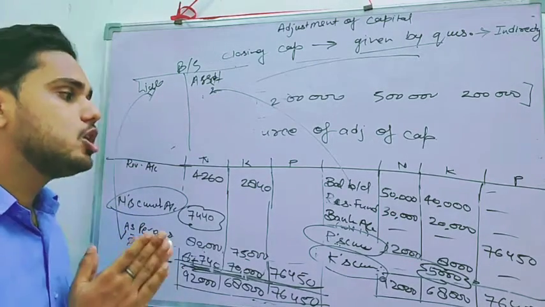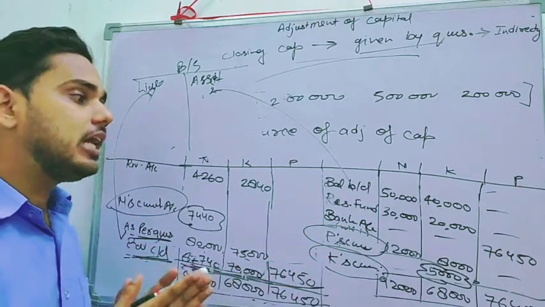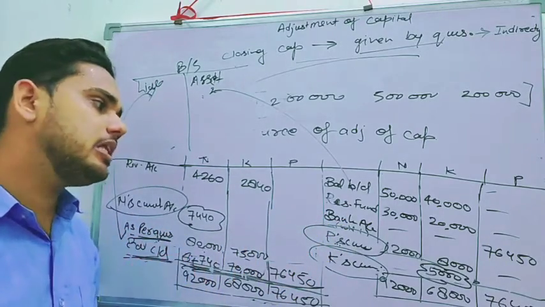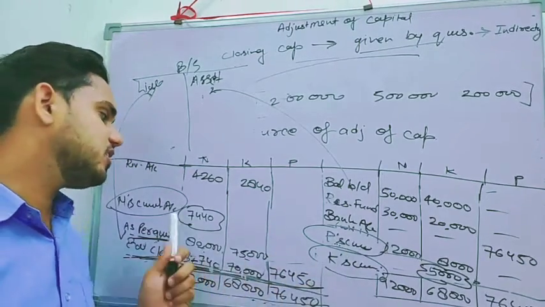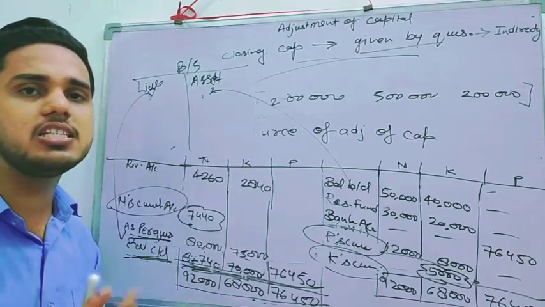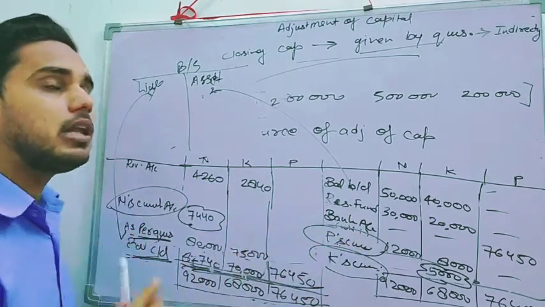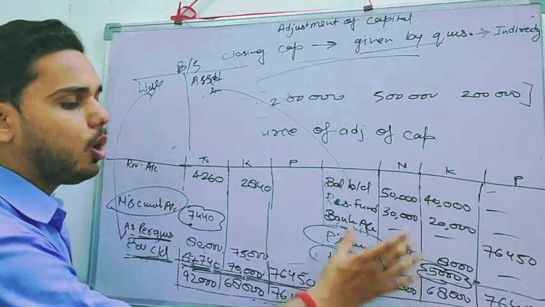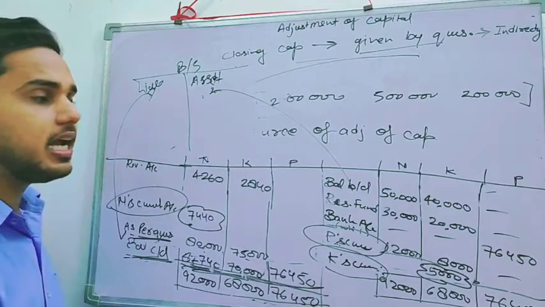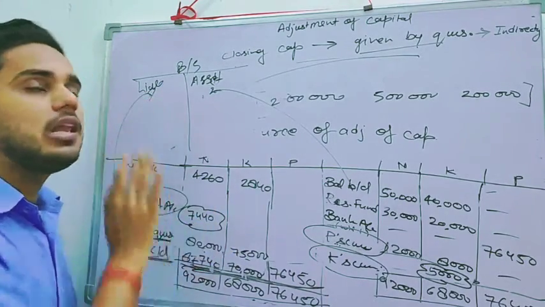Okay? Right. So if we are adjusting things with the help of cash account, that will affect our closing cash balance. This side's cash account will increase our cash balance and this side's cash account will decrease our cash balance, right? Same way, if we are adjusting capital with the help of current account, in that case this current account will go on this side, means on the asset side, and this side's current account will go on this side, means on the liability side.